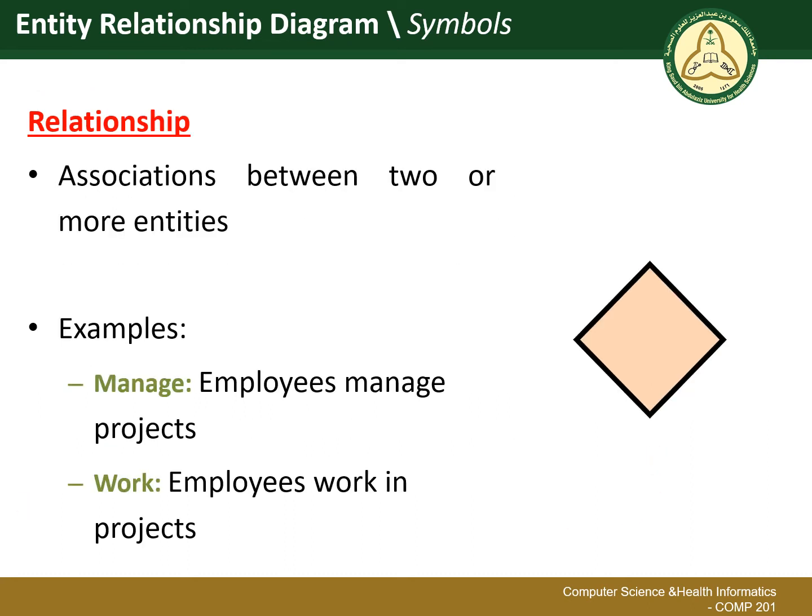The relationship, which are the links between the tables, are the associations between two or more entities, so it links the entities. So for example, we can use the verb manage to make a relationship between the employees and the projects. The employees is an entity, and projects is another entity. To link the employees and the projects, we can use the verb manage to create a relationship between the two entities.